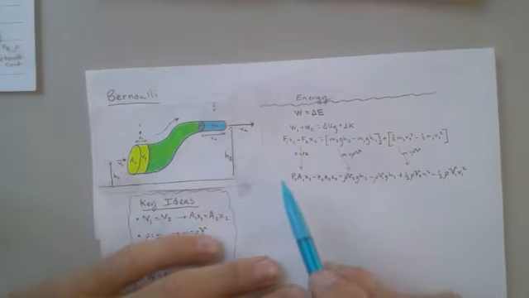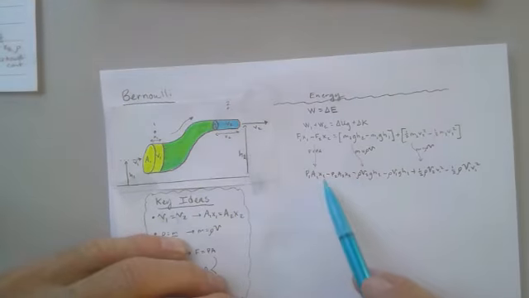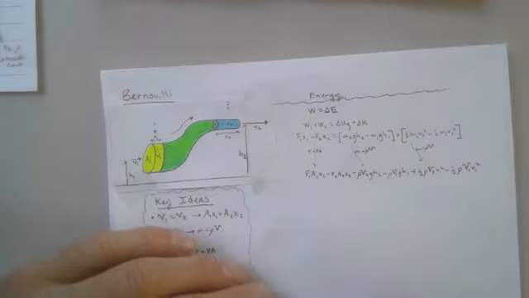Okay, and the density of the fluid is the same fluid the whole way, so I'm not putting density 1 or 2, it's just the density of the fluid the whole time.